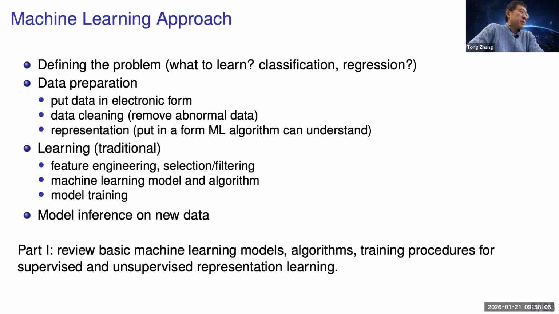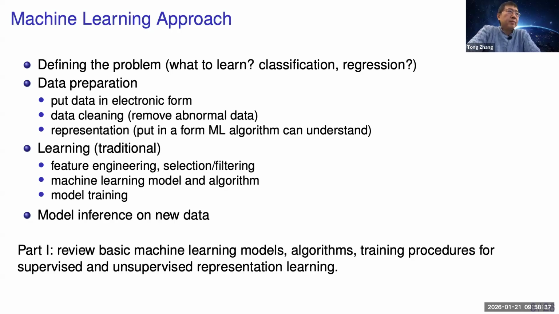But in certain problems, even in some important modern applications, people still need to do feature engineering. So it's not for all applications, but it is less so in the modern world than before. Part of feature engineering is already replaced by representation learning, which is why we talk about representation learning in the first part.